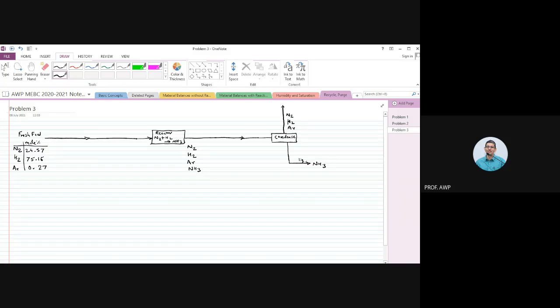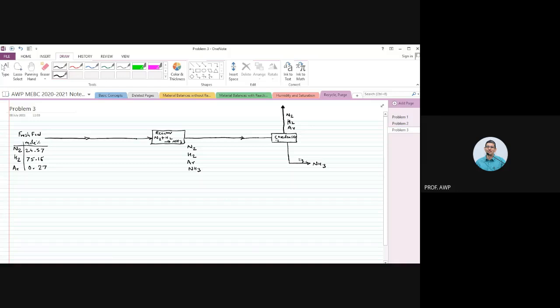Again, like last time, because we are separating out liquid ammonia, the gas going out from the condenser will be saturated in ammonia.